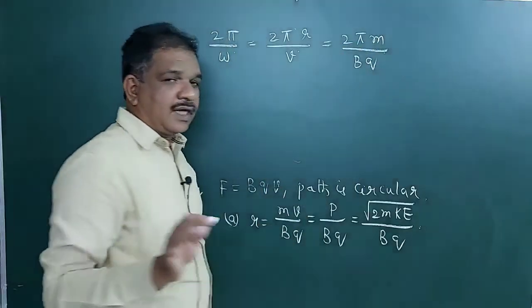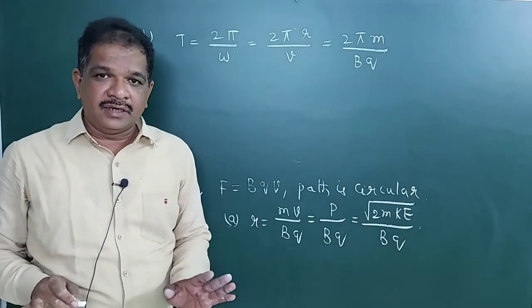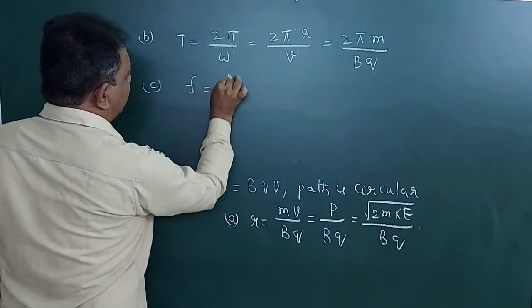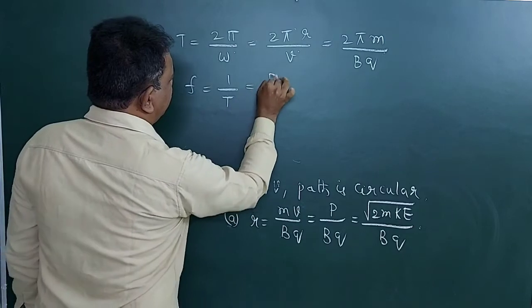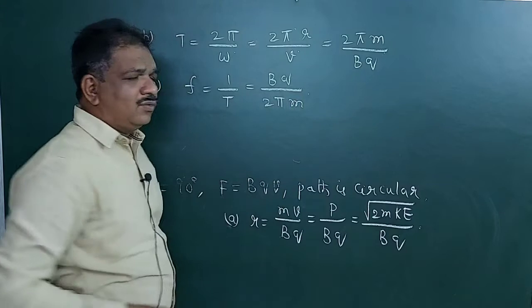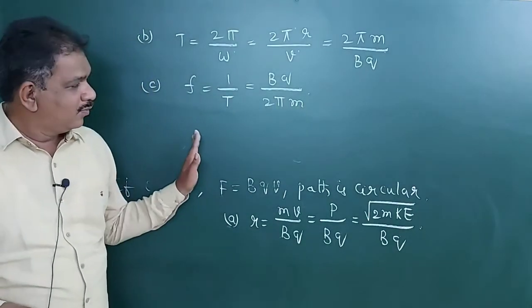If they ask to calculate its time period, that is 2 pi m by bq. Next, its frequency means 1 by time period, this value is bq by 2 pi m. Okay.